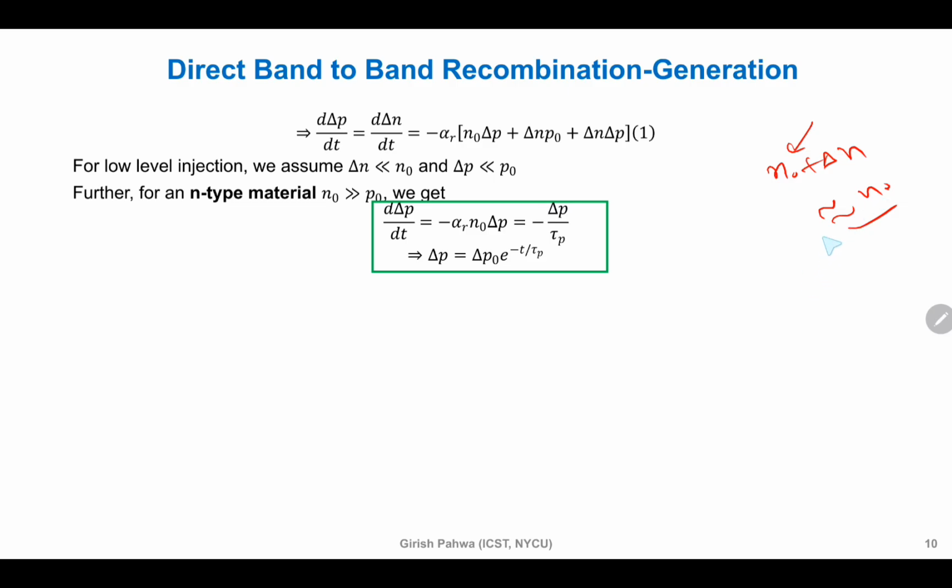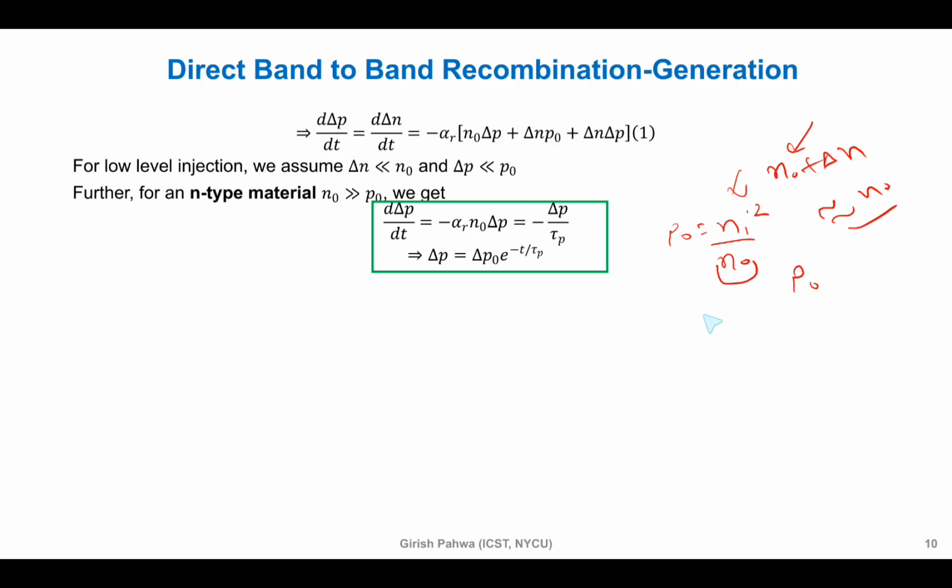But you have hole concentration, which is P naught. P naught is already very small. What is the order of P naught? N naught into P naught is equal to Ni square, so P naught is Ni square divided by N naught. Say I have a doping of 10 to the power 16 per centimeter cube, so N naught is approximately 10 to the power 16.